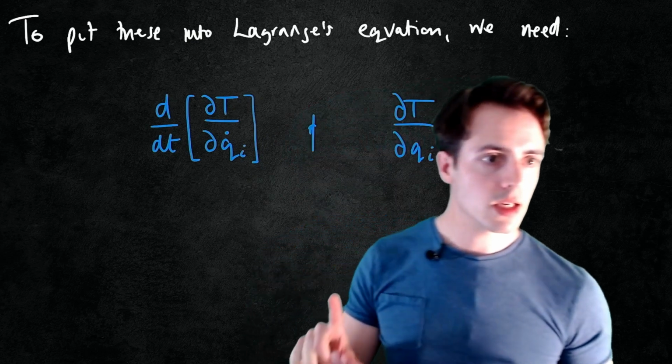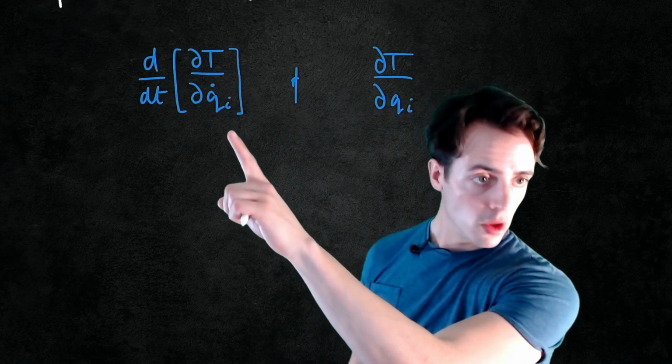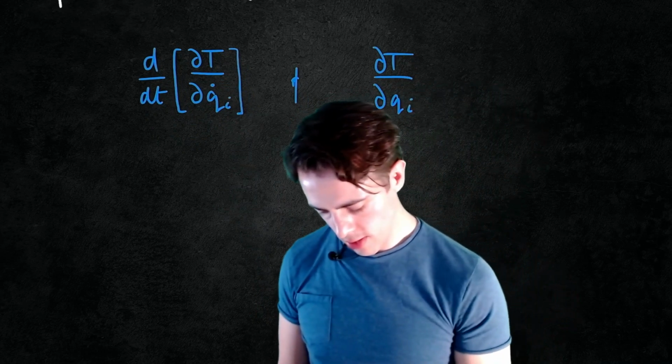Okay, so we need both of these things in there. So we need to do this separately for Q1 dot and Q2 dot. So let's do those.